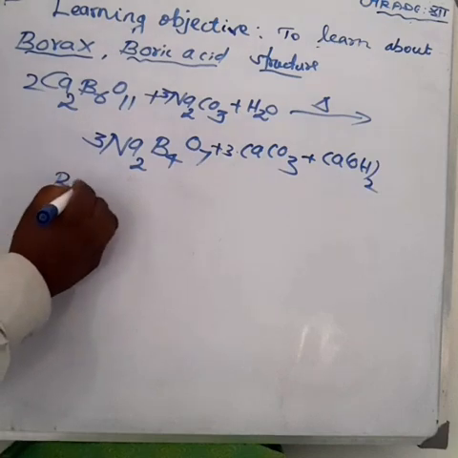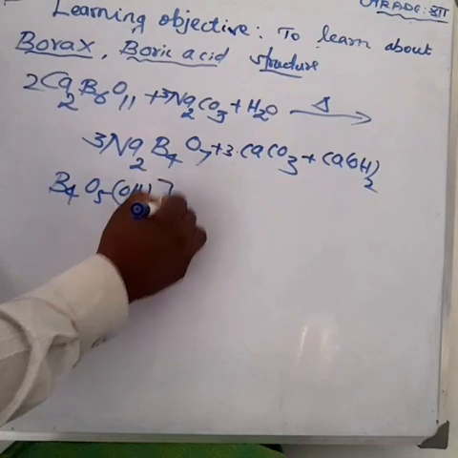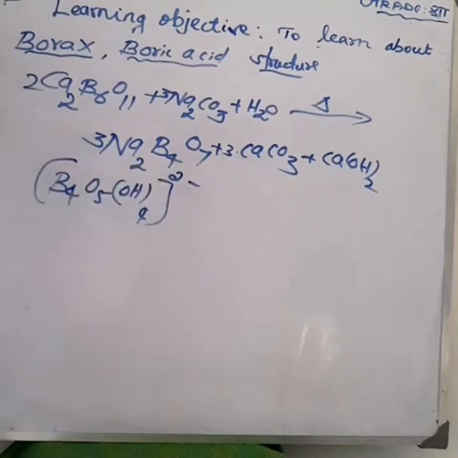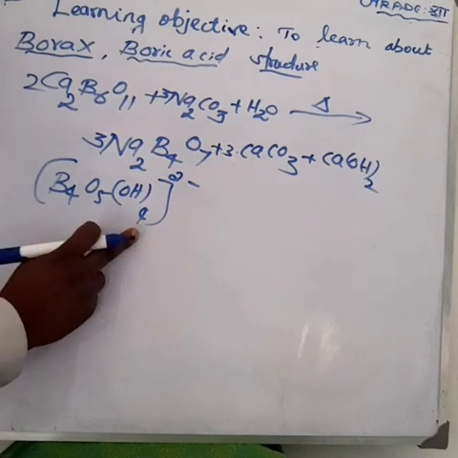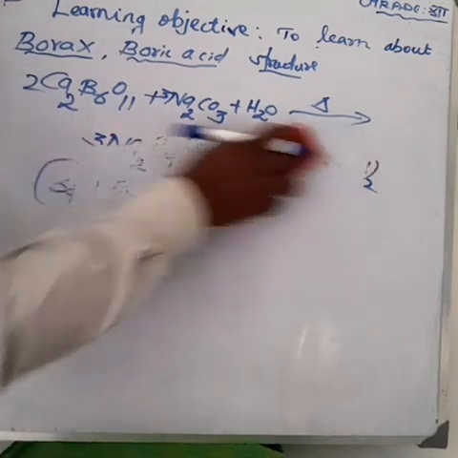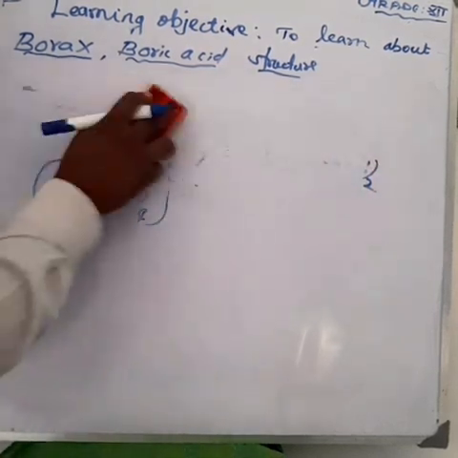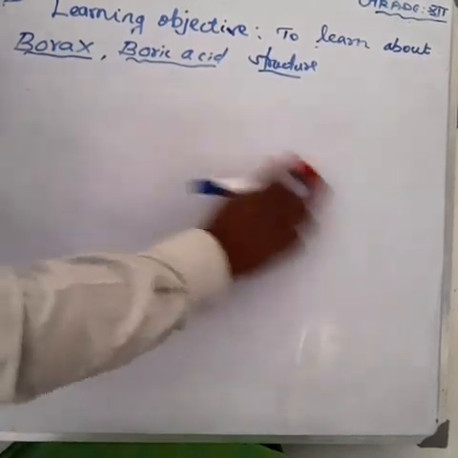That is [B4O5(OH)4]2-. This is one of the units, total 2 minus unit. This form is known as prismatic form, prism-like form.